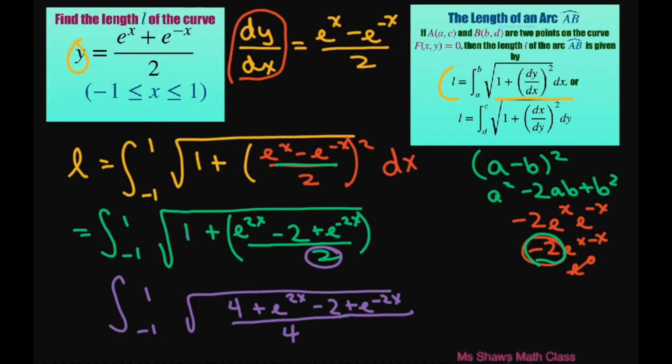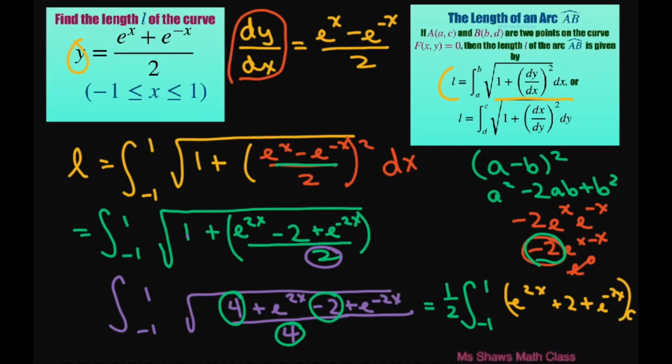All right, now I can pull out the square root of 4, which is 1/2. I can write this as 1/2 times the integral from -1 to 1. And then we have 4 minus 2, which is 2. So that's going to give me e^(2x) plus 2 plus e^(-2x) dx.